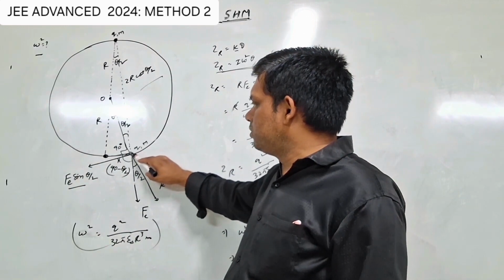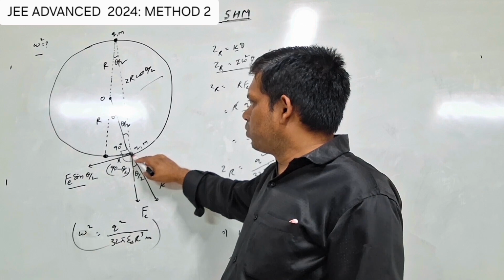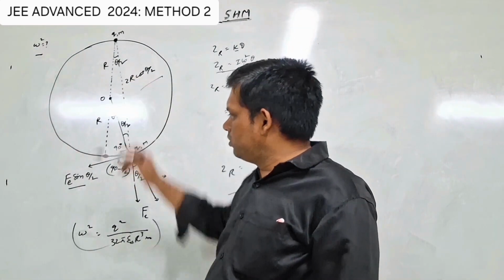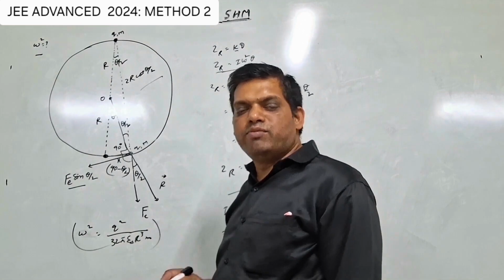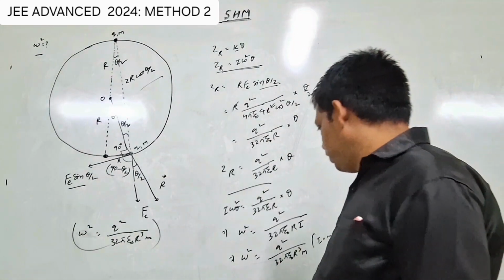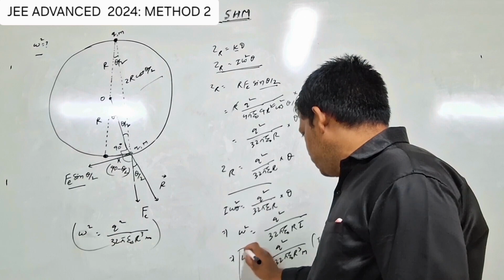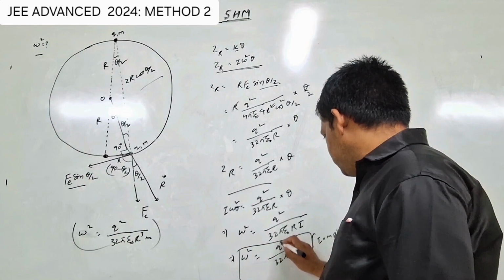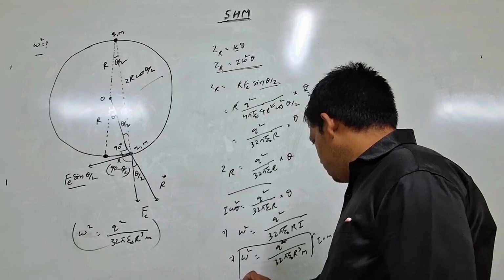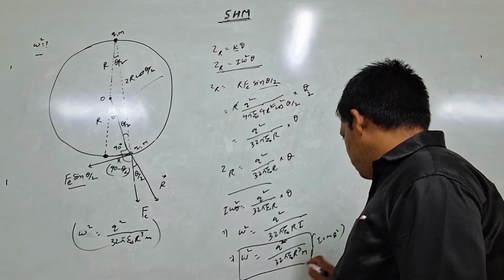This mass m is rotating about point O at distance r, so the moment of inertia I is equal to m r square. Therefore, we have the expression again: omega square is equal to q square upon 32 pi epsilon naught r cube.